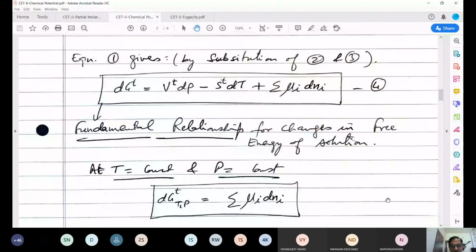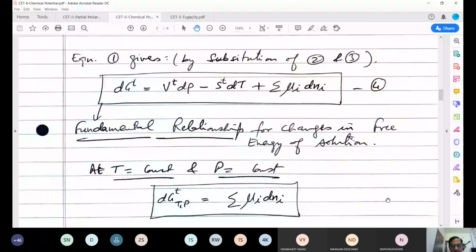Okay, if there is no doubt, then we can proceed further. So dG_T, you can write the summation as mu1 dn1 plus mu2 dn2 up to the I-th component, or we can write as mu1 x1 plus mu2 x2 plus mu I x_i into dn.